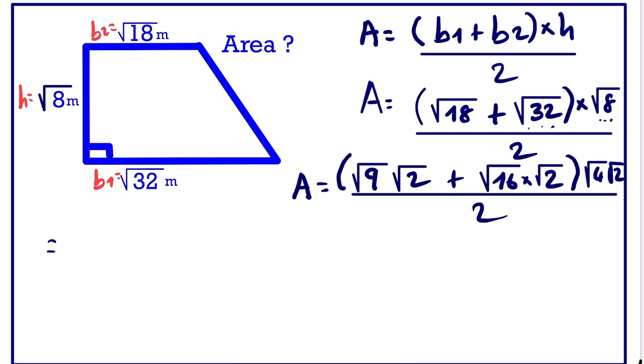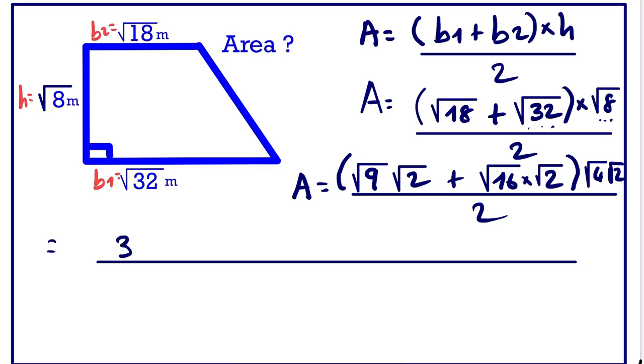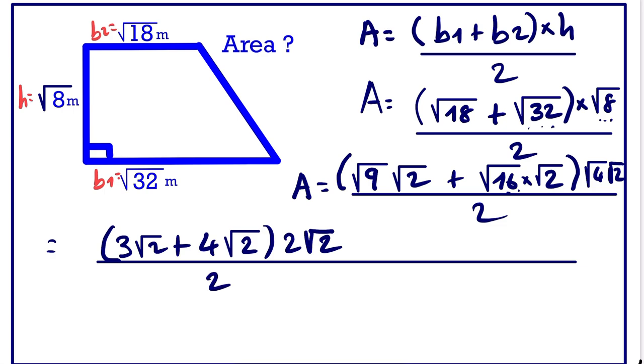If we move further, the square root of 9 is 3, so we have 3 root 2, plus the square root of 16 is 4, 4 root 2, times 2 root 2, all divided by 2.